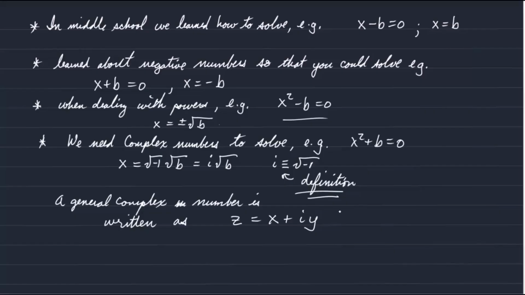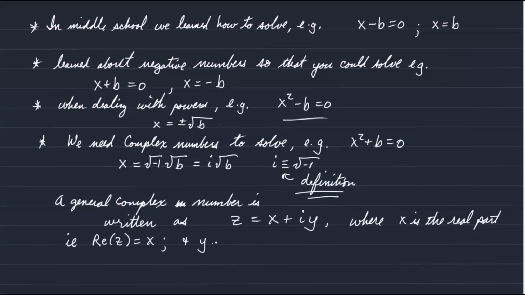So in this equation, x is the real part of z, that is, we would say that Re of z, the real part of z, is equal to x, and y is called the imaginary part.